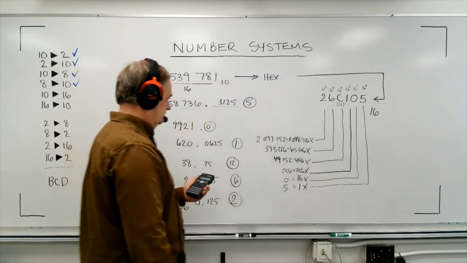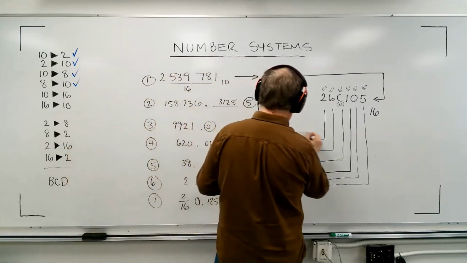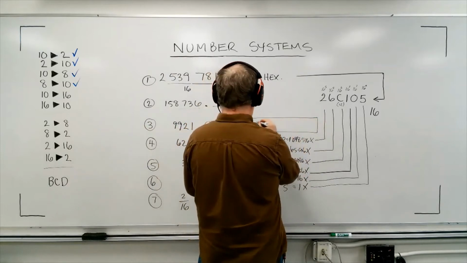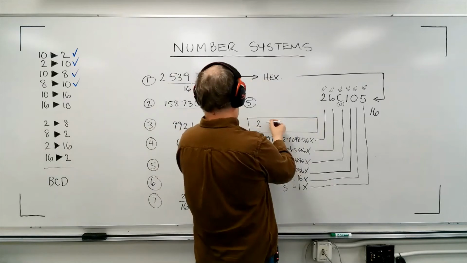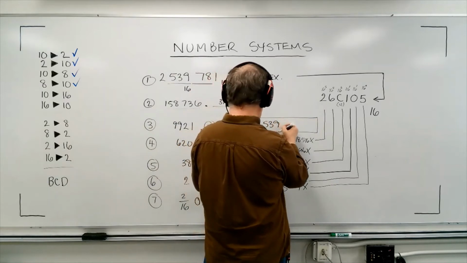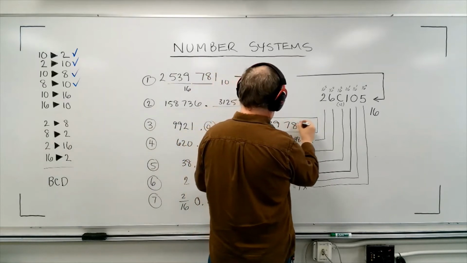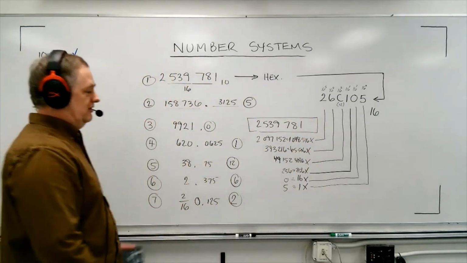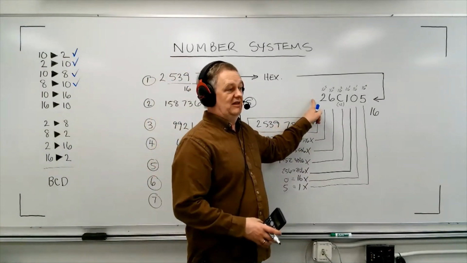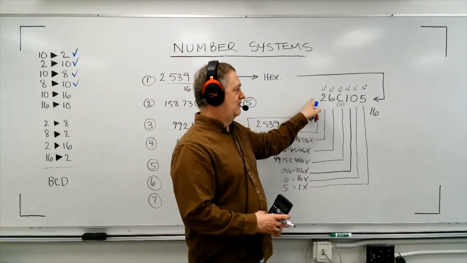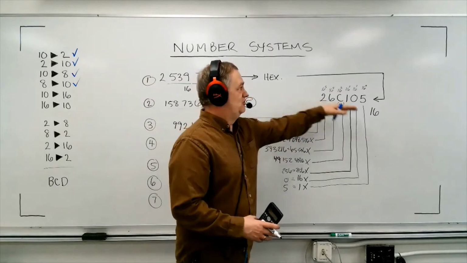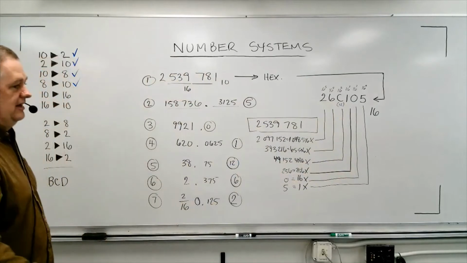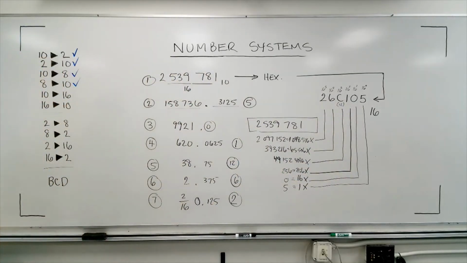And thankfully, when I add all of those numbers together, I see that I have 2,539,781. So now I can say, whew, okay, that worked out well. This was the exact correct conversion to a hex number, because now I've double checked it back using place value and multiplication, and it worked out perfectly.